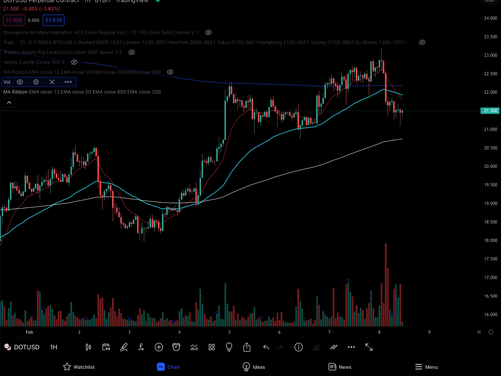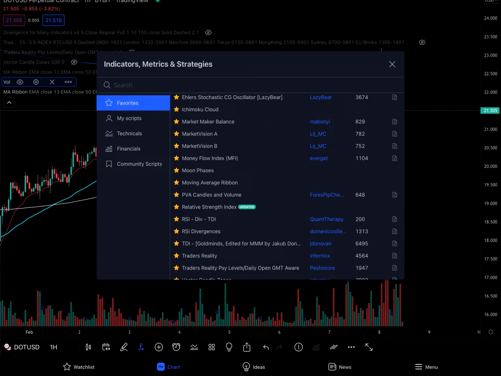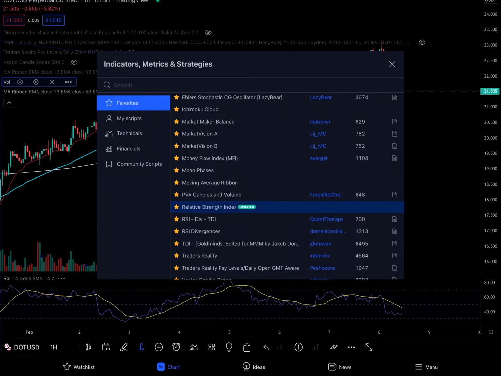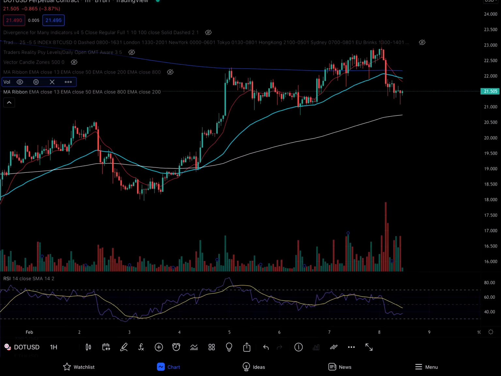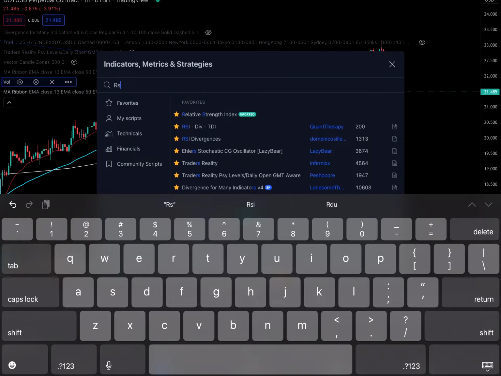And then my favorite oscillator, and this is the free version, not the fancy one, is the relative strength index. That should be available as well. I don't know why it has an average line in there, but I want to say that's the right one. No, it's been updated.